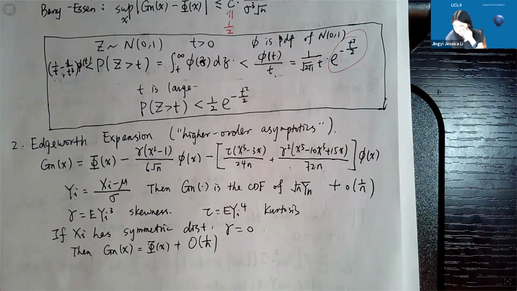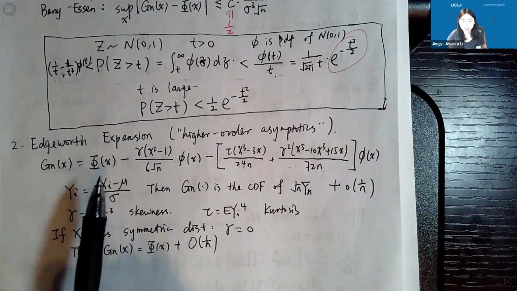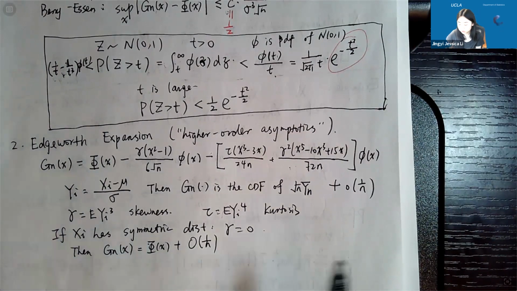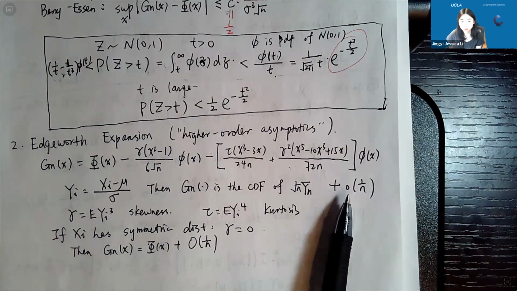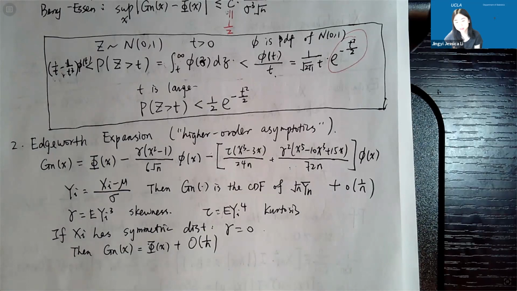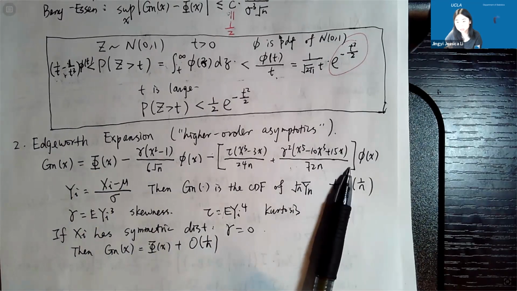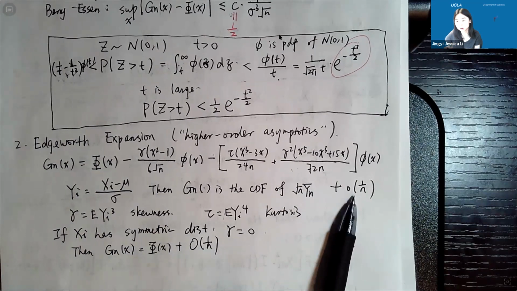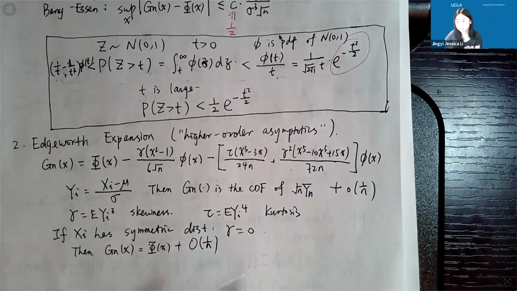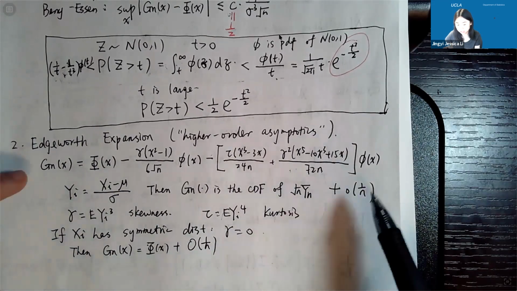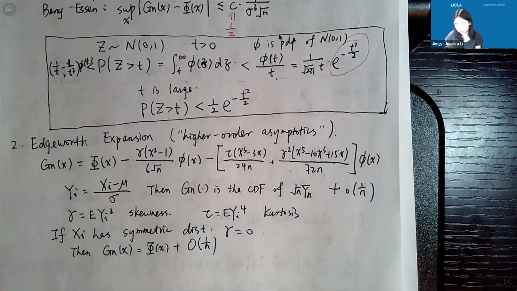But I want to make a caution that this expansion, as we said in our first lecture, when we use the term small o, we are basically thinking about things asymptotically. So to write it this way, we actually assume n is very large. We are doing a lot of simplification to make this expansion hold in asymptotics.